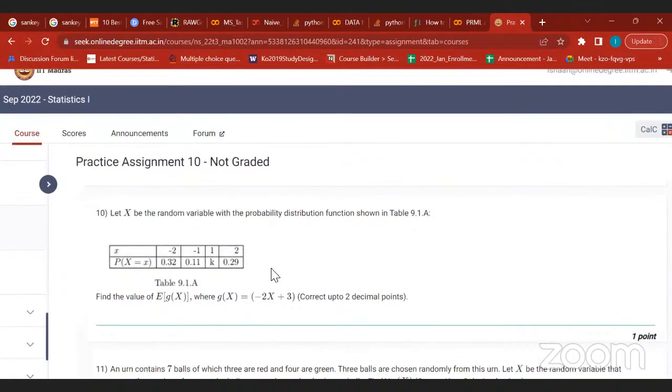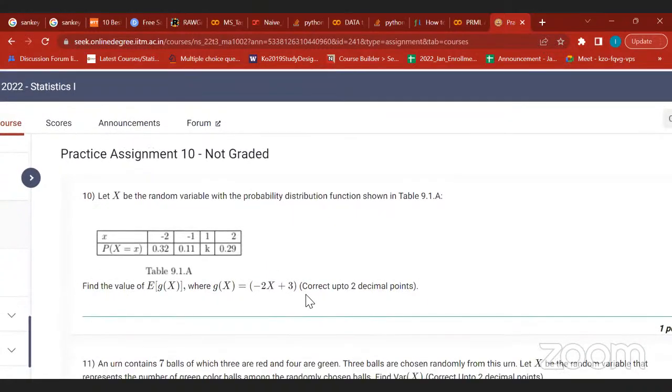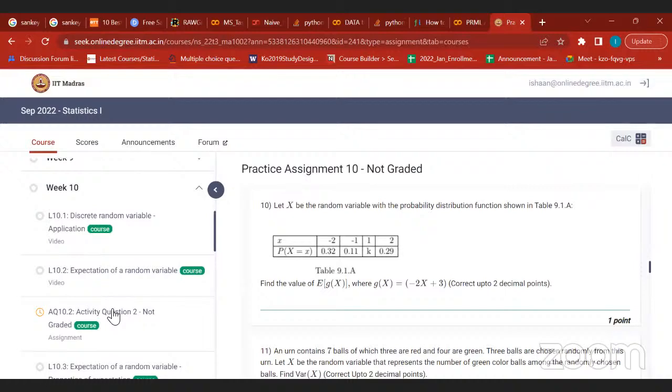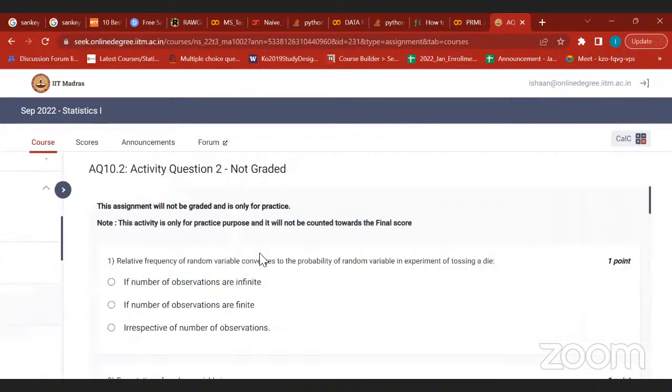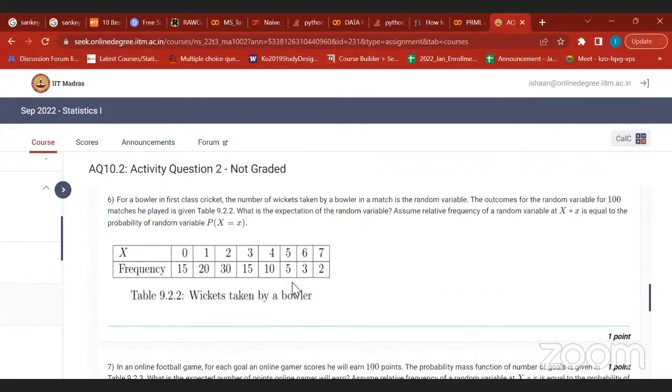And apart from that, we know that expectation of any constant is 0, but here we are taking it as 3. Expectation of any constant is 0, or is it the constant itself? While I was going through the activity questions, there was one question where they were taking the expectation of k, where k is the constant, as 0.